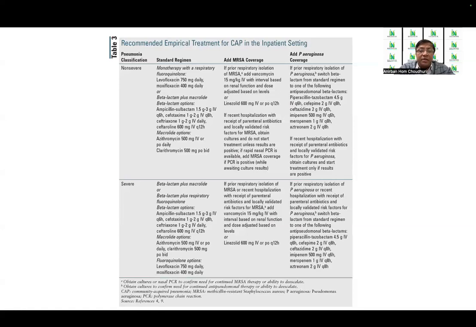If rapid nasal PCR is available and it is positive for MRSA while awaiting cultures, treatment can be started. But after obtaining the culture reports, the treatment needs to be modified. And if the MRSA is not there, it has to be stopped. In cases of severe CAP, we can go for beta-lactam plus macrolide or beta-lactam plus the respiratory fluoroquinolone. The choices of beta-lactam and the macrolides are almost similar.